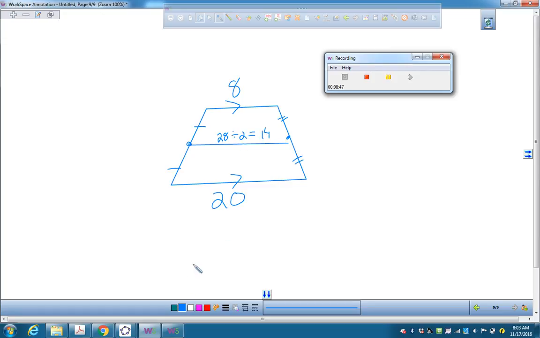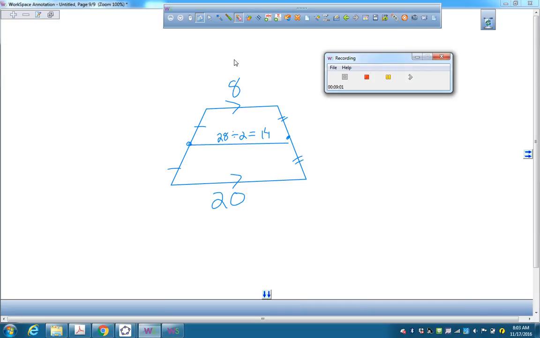That's easy enough? Okay. What if I were to tell you that, let's make another trapezoid. Trapezoid, mid-segment, perfect.